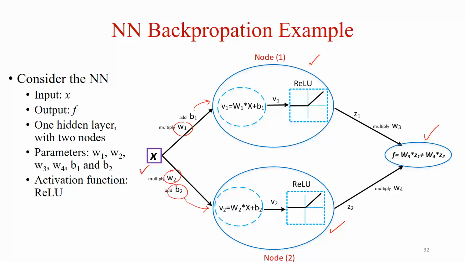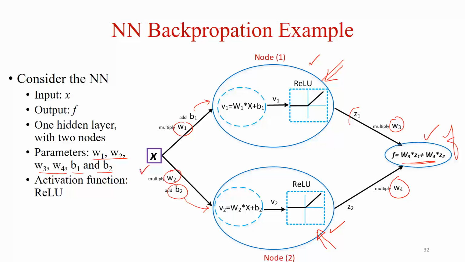The results of node 1 and node 2 are multiplied by W3 and W4, and they are summed to find the final value, which is the function. Of course, you can see my parameters that I'm trying to optimize: W1, W2, W3, W4, bias 1 and bias 2. And the functions here are the ReLUs, the activation functions inside the nodes.